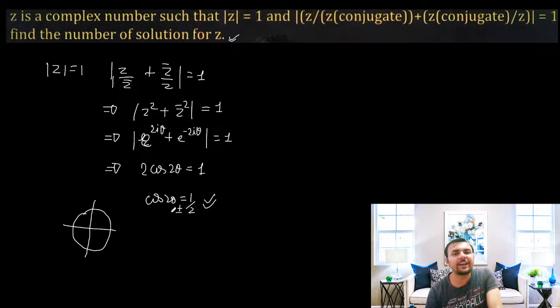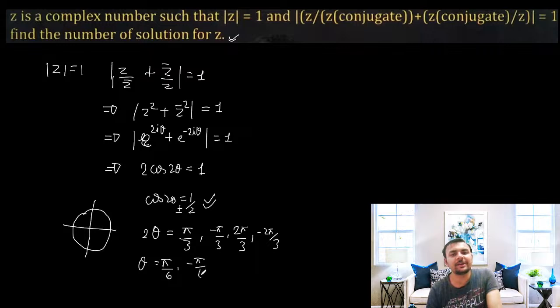So if we consider theta in this circle only, 2 theta can be pi by 3, minus pi by 3, pi minus pi by 3, 2 pi by 3, minus 2 pi by 3. So theta could be pi by 6, minus pi by 6, pi by 3, minus pi by 3. These are all okay.